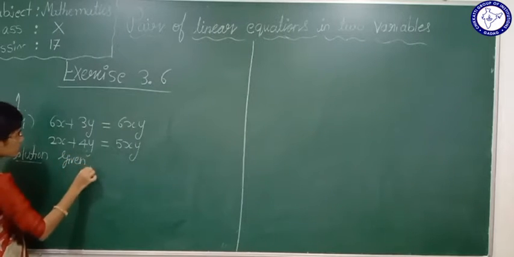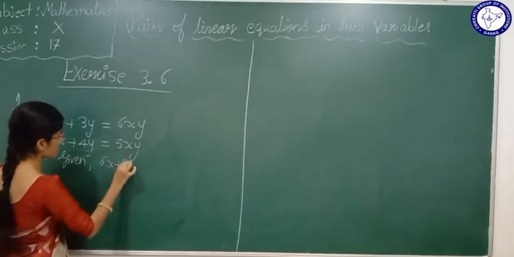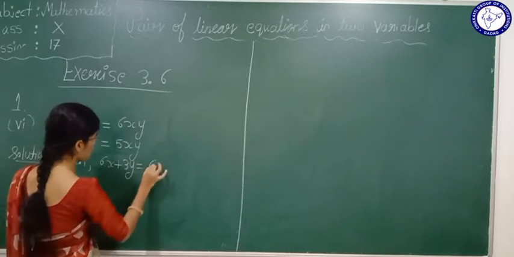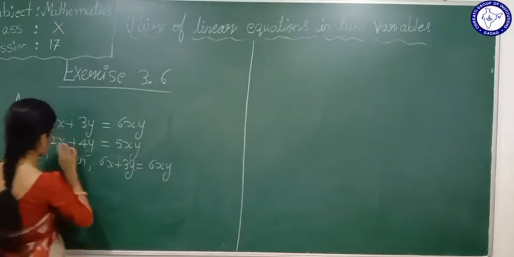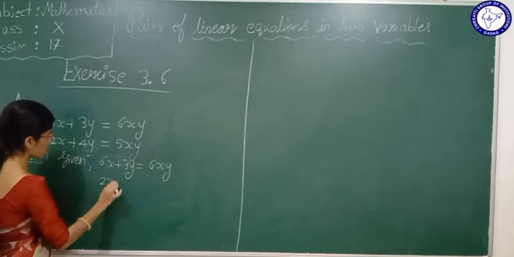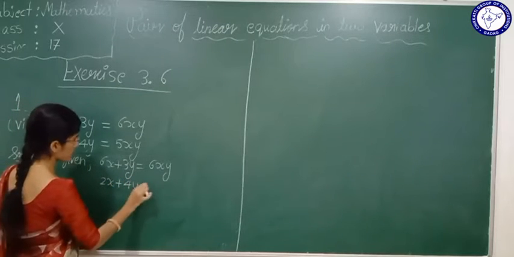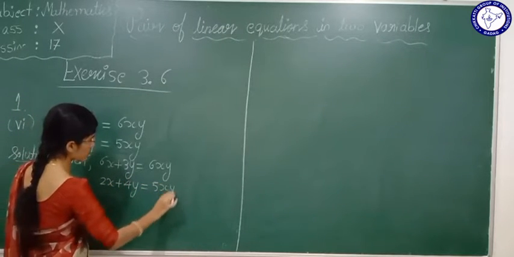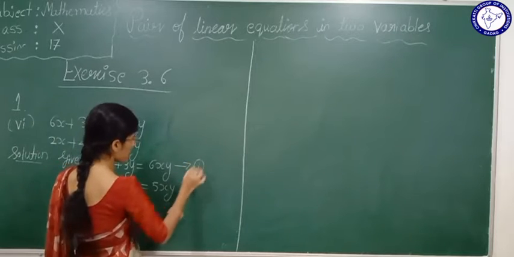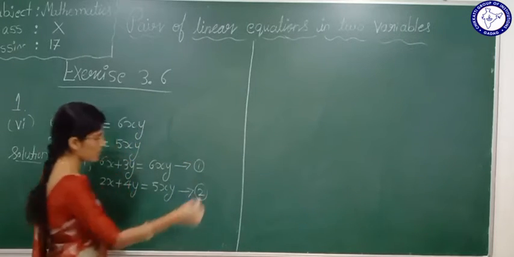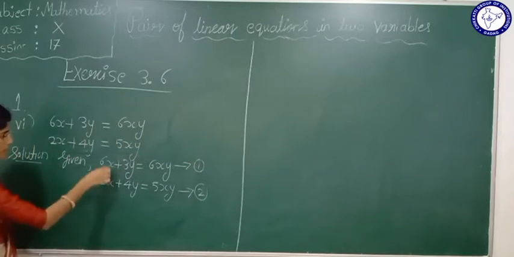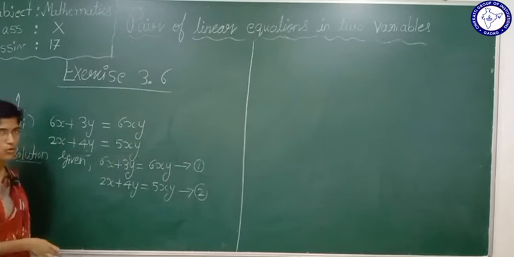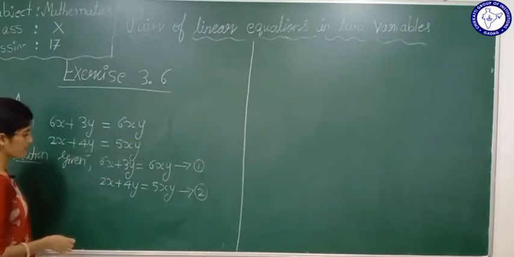What are the given equations? 6x plus 3y is equal to 6xy, call this equation 1, and 2x plus 4y is equal to 5xy, call it equation number 2. So dividing equations 1 and 2 by xy.